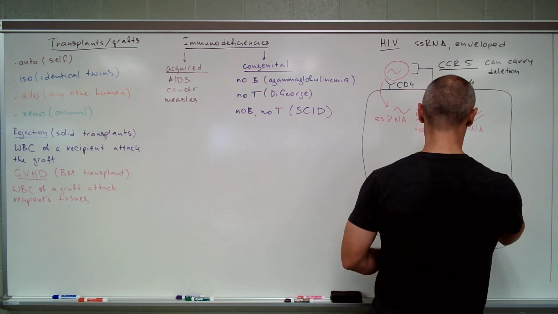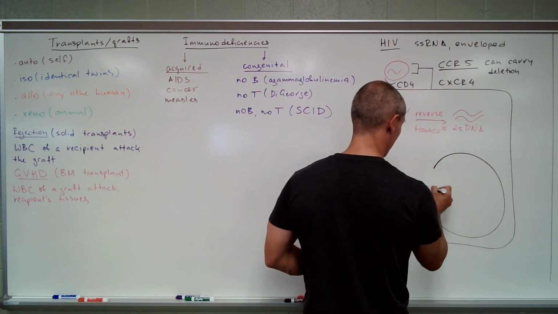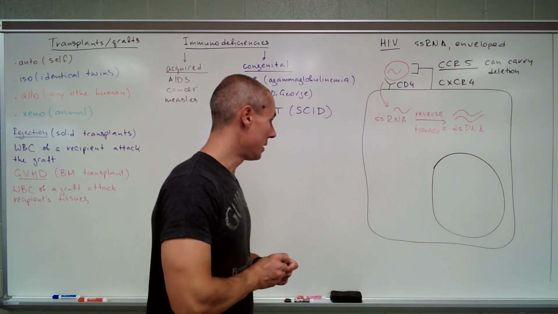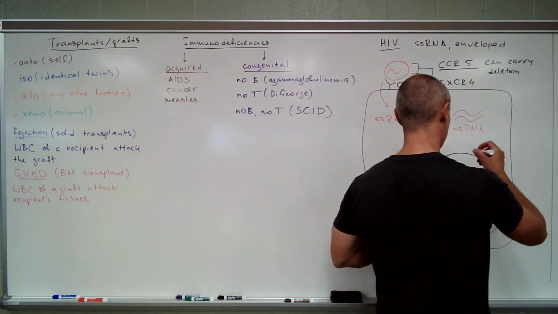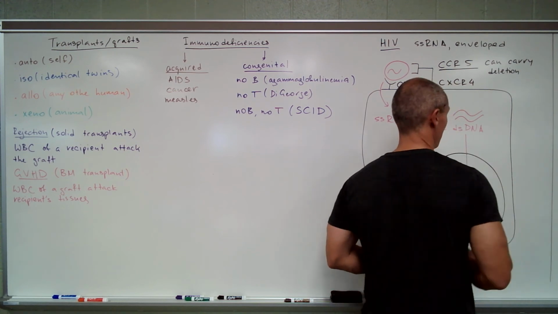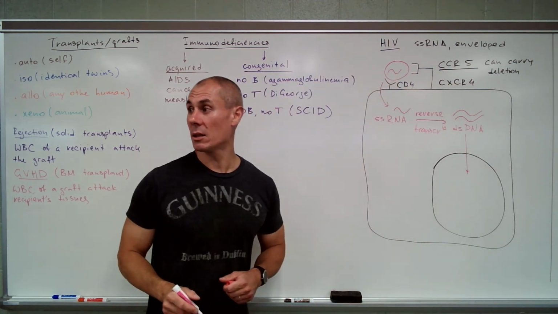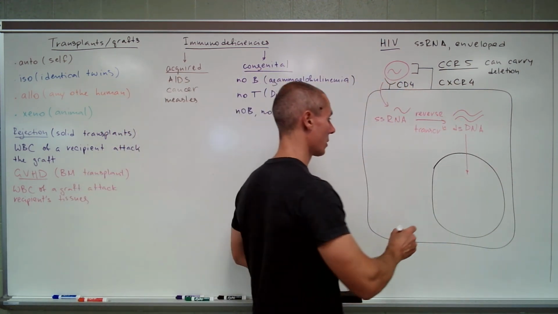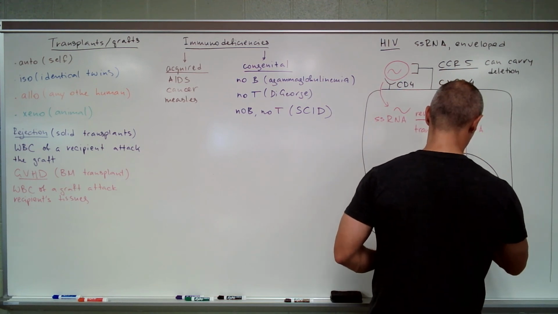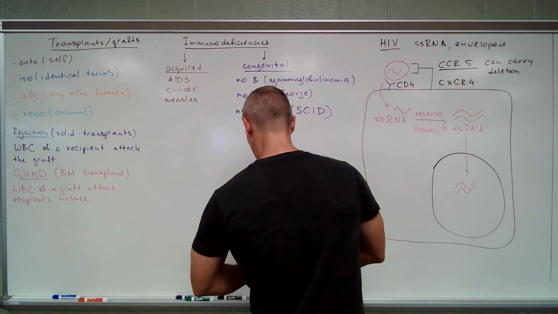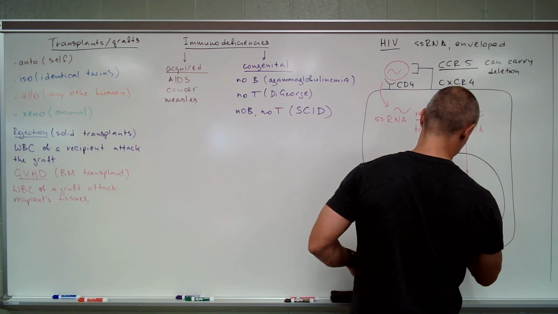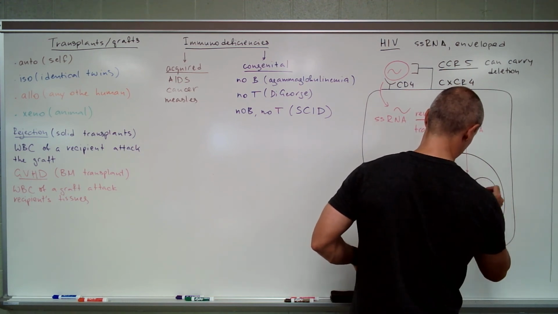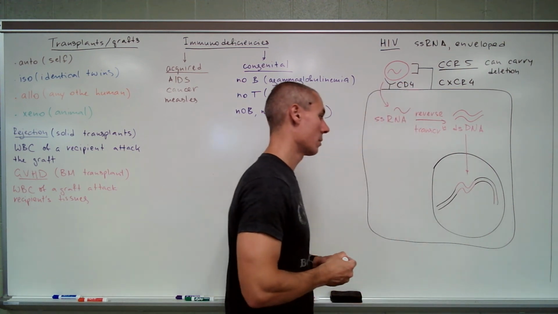So now what you're going to do with the double-stranded DNA, the next step is also pretty cool. This double-stranded DNA is sent into the nucleus where it's incorporated into cellular DNA. Does that make sense?